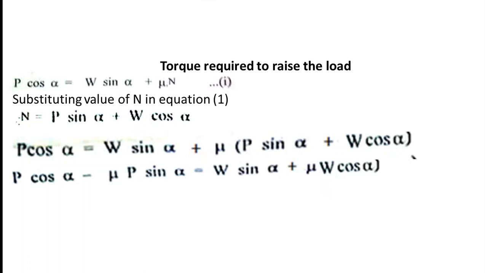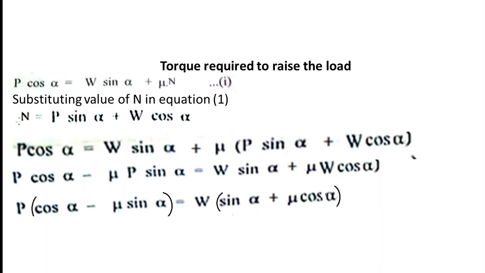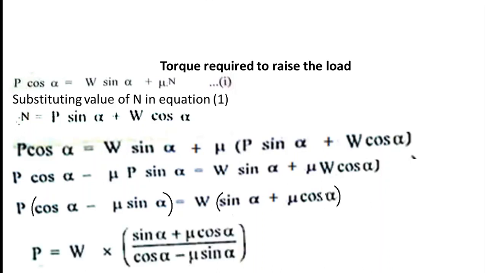So P cos alpha, mu P sin alpha from that side comes over here, so it will become minus mu P sin alpha, and W sin alpha, mu W cos alpha. Next, I'm taking out P and W as common. So it will become P into cos alpha minus mu sin alpha, bracket complete, is equal to W into sin alpha plus mu cos alpha, bracket complete.